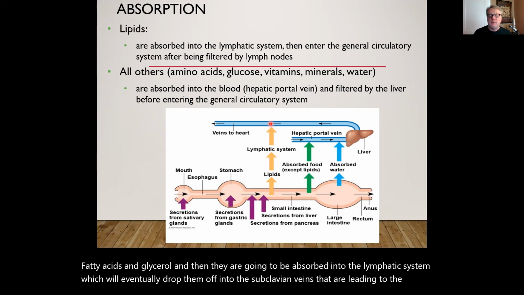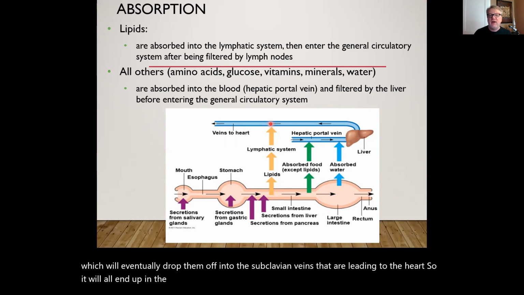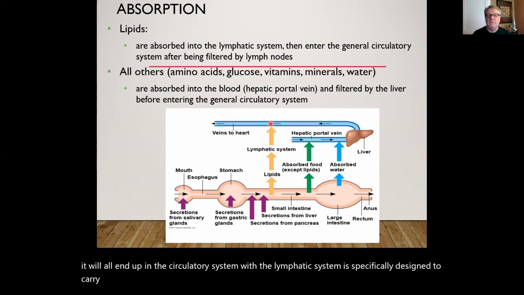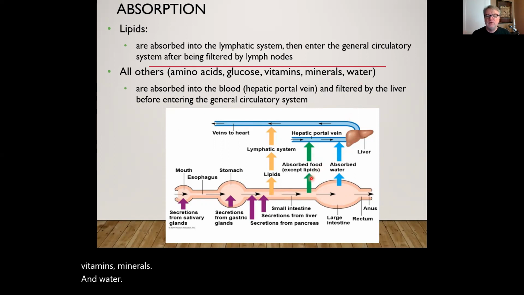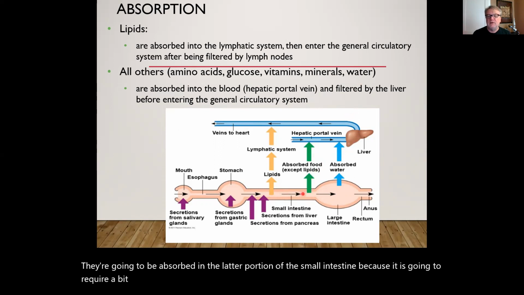So it will all end up in the circulatory system, but the lymphatic system is specifically designed to carry the lipids into the blood. Everything else, so that would be the amino acids, glucose, vitamins, minerals, and water, are going to be absorbed in the latter portion of the small intestine because it is going to require a bit more processing and digestion of these things compared to the lipids.